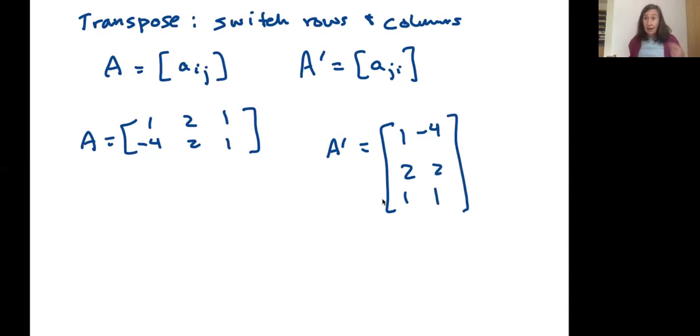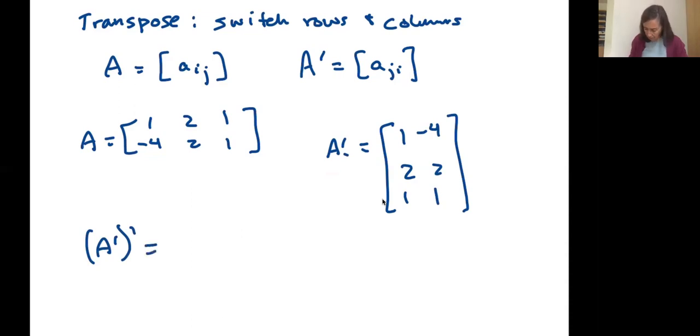Okay, a couple of comments. When you take the transpose of a matrix that isn't square, you're going to get a matrix that has a different shape. That's just a fact, and be aware of that. Another thing to notice is the transpose of the transpose. Look at our A prime and take its transpose. That's going to get us back to the original matrix.